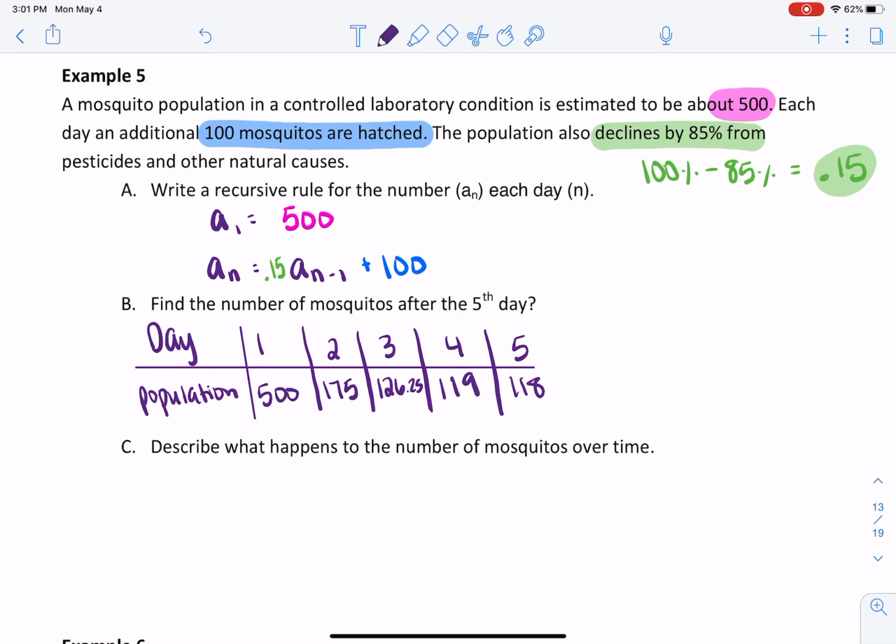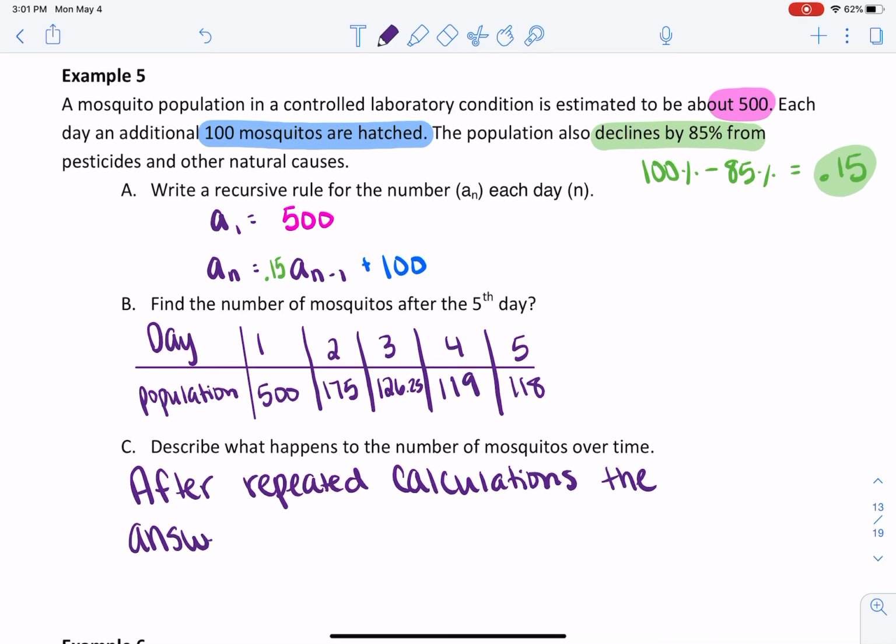So what this means is after repeated calculations, the answer approaches about 118 mosquitoes, which is still too many for me.